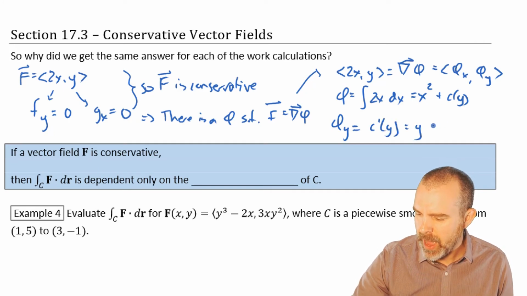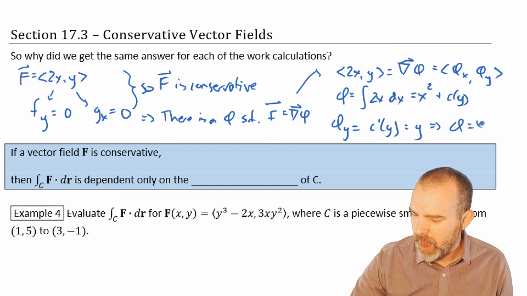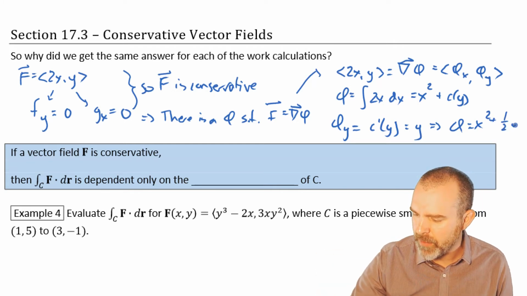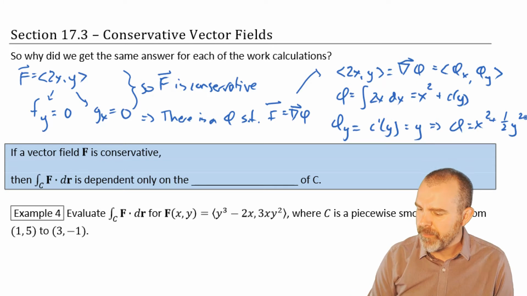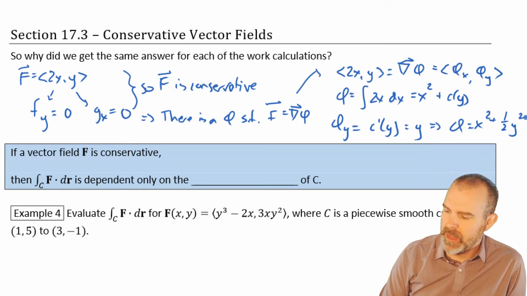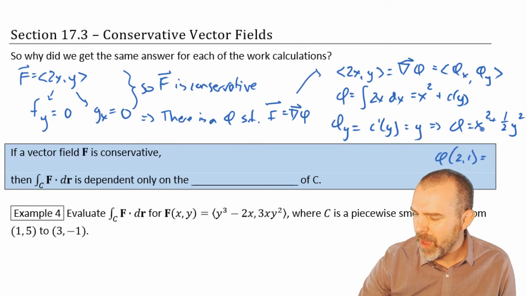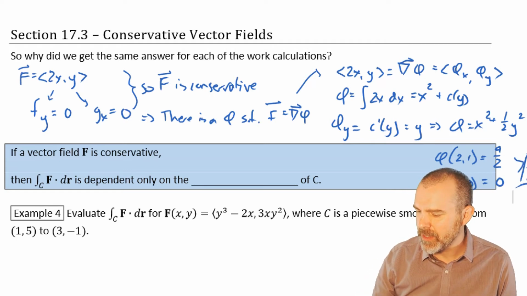That must be equal to y. So that means phi is equal to x squared plus, if we integrate that, 1/2 y squared. And so if we evaluate phi at the one endpoint, which was 2, 1, what would that be? 2 squared is 4 plus 1/2, so that's 9/2. And phi at the origin is 0, so when you subtract them, you get our 9/2, right?